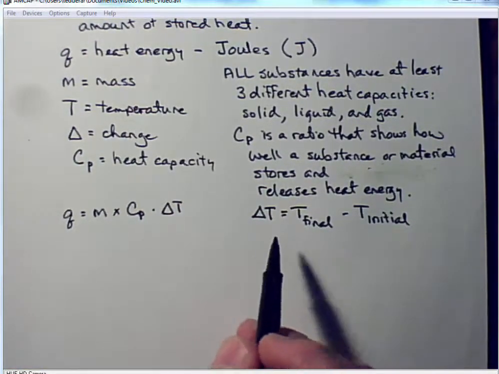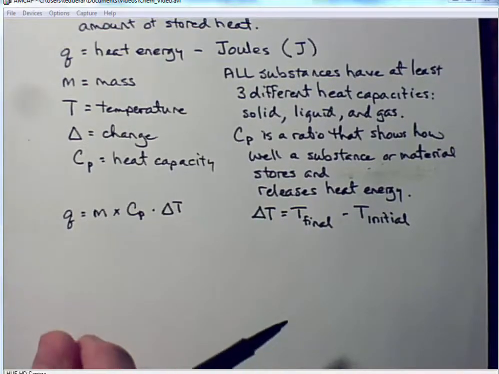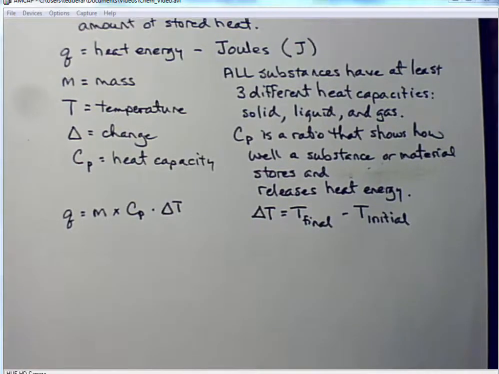And anytime there's a calculation of change, you're always going to start with final and subtract initial. Anytime you're calculating a change, it's always the final, whatever it is you're looking to change, minus the initial. In this case, it's going to be temperature, but in the future, it might be something else. Okay?